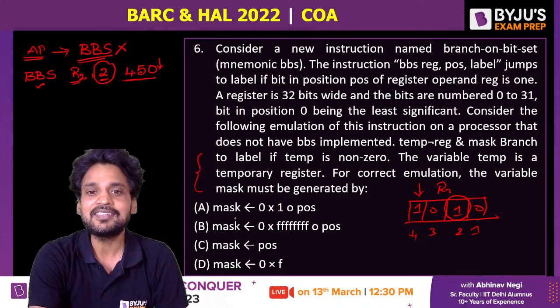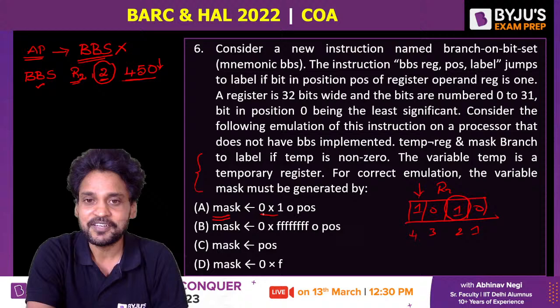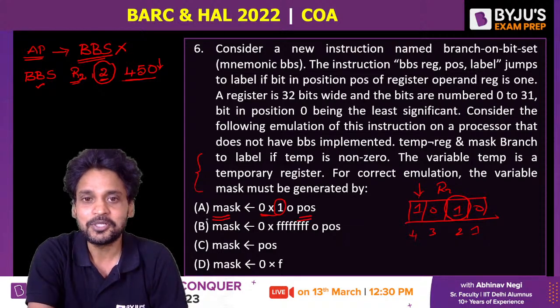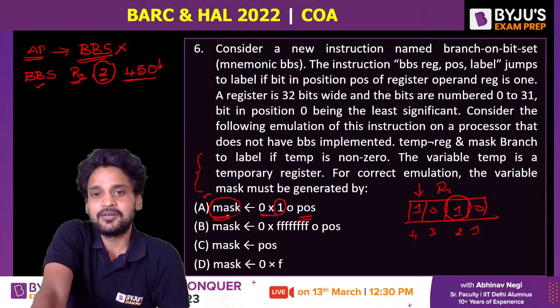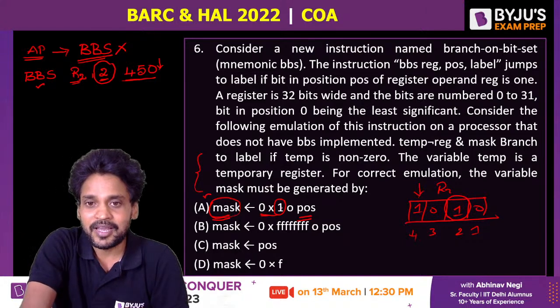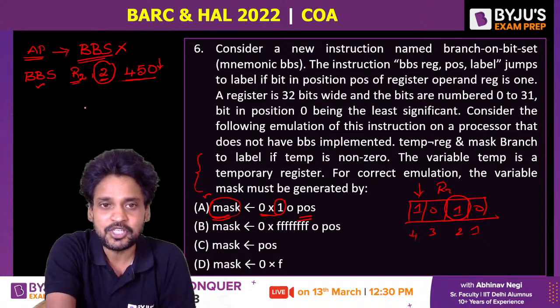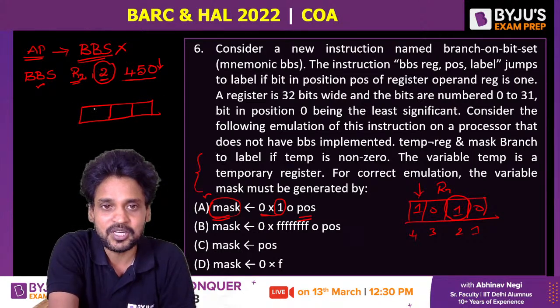Simple. In the mask register, we need to left shift 1 by position times. So, option A is correct. Initially, we take a mask register that has all zeros. Now, to insert 1 at the corresponding bit, let us say I'm just taking a 4-bit register, 1, 2, 3, 4.